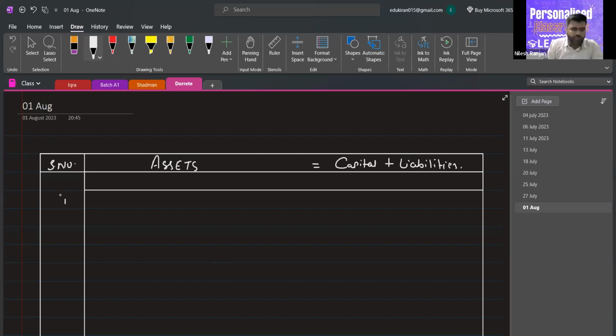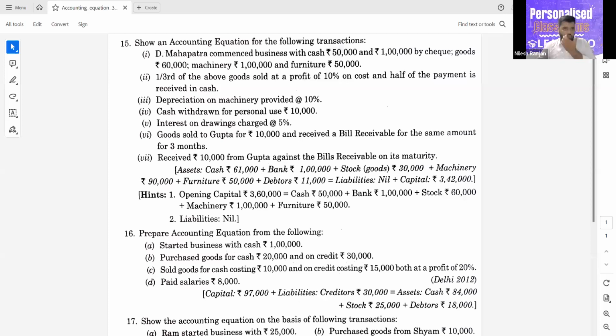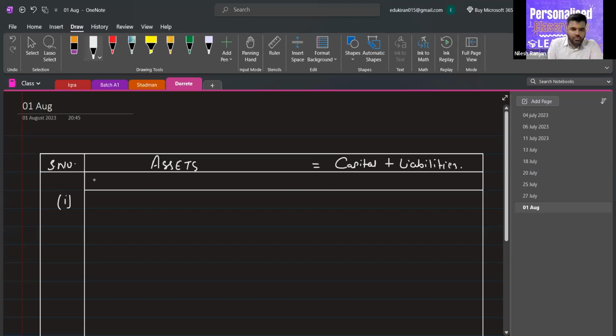Now the first transaction is: D. Mahapatra commenced business with cash 50,000 and 1 lakh by check, goods 60,000, machinery 1 lakh, and furniture. There are 5 items: cash, bank, goods, that means stock, machinery, and furniture. So first of all, we will write these items on the asset side.